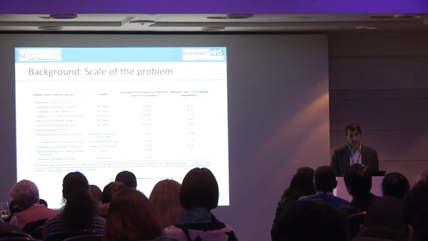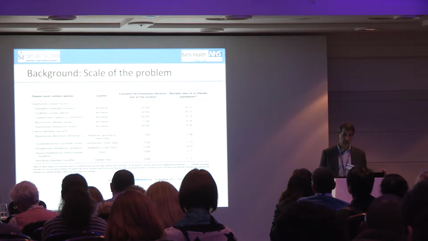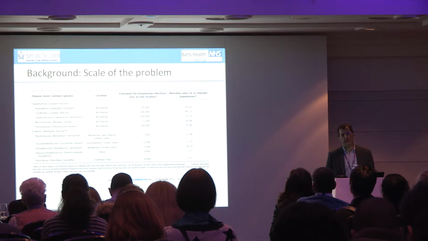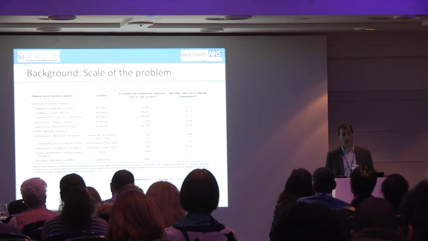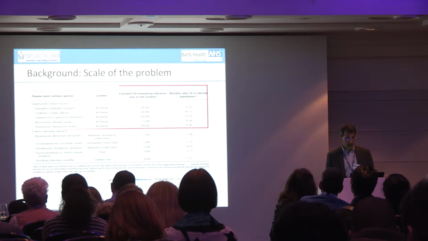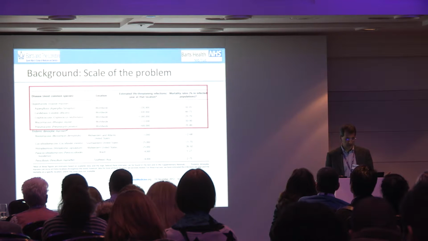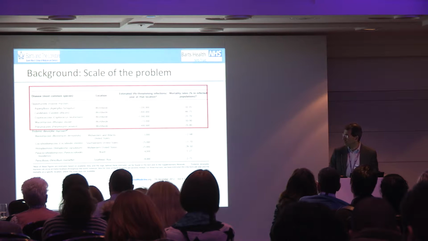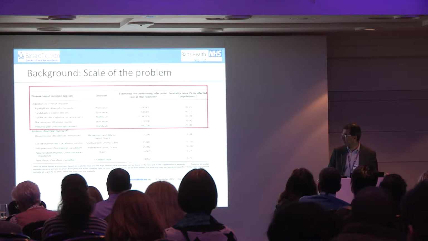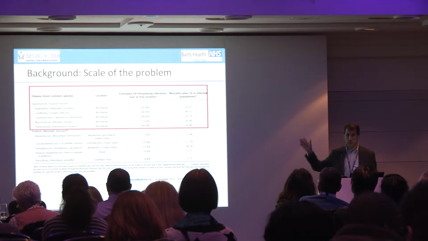Now, this is a bit difficult to read at your back. The scale of the problem. It's probably fair to say that fungal infection in general, worldwide, is a hugely neglected area. And the numbers on this slide show you that for the invasive infections that I was talking about on the previous slide, worldwide estimated life-threatening infections are huge.